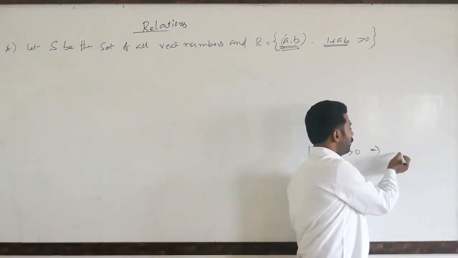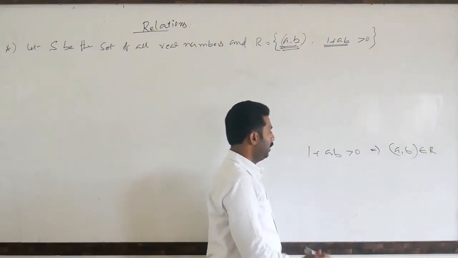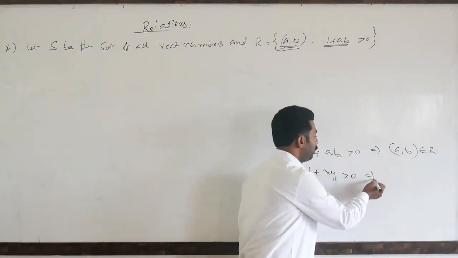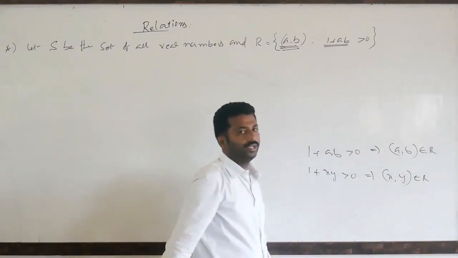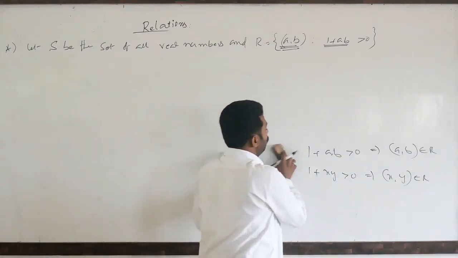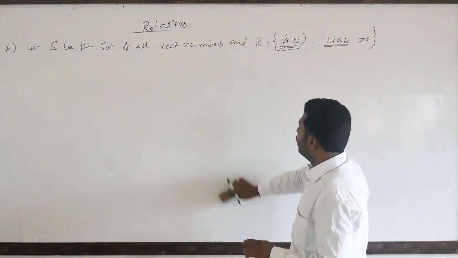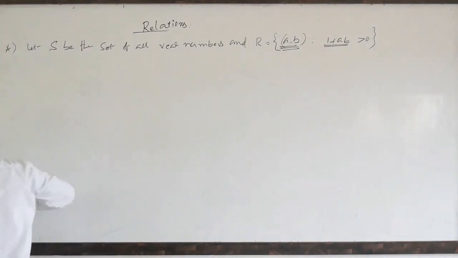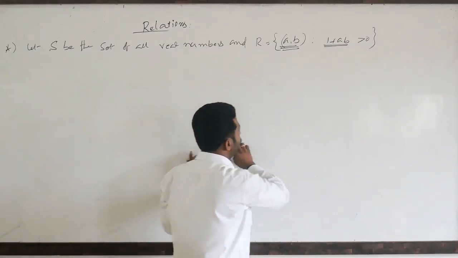Then only we can say that A comma B belongs to capital R. Suppose 1 plus xy is greater than 0, then there is a relation between x and y. So we have to prove whether it is reflexive, symmetric, transitive, which means whether it is an equivalence relation or not.